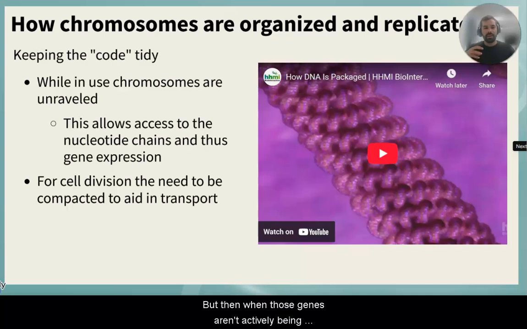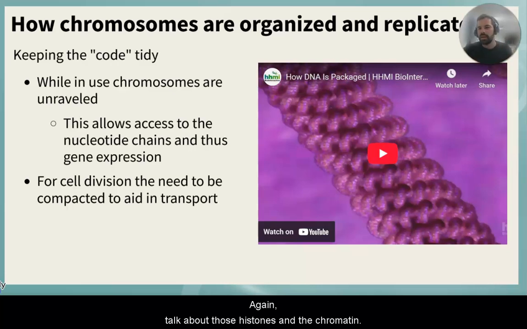But when those genes aren't actively being expressed, when the chromosomes aren't in use, they're stored by being wrapped up. Again, talk about those histones and the chromatin.